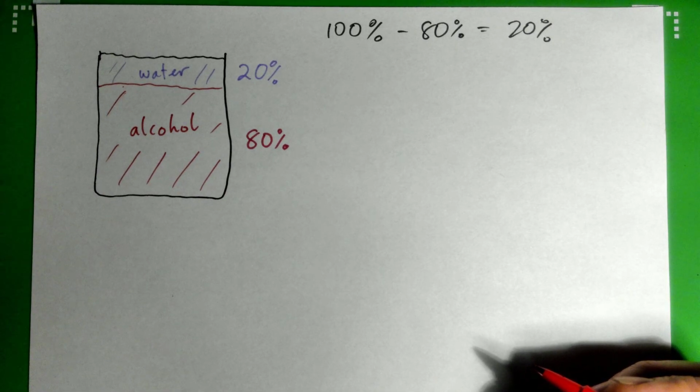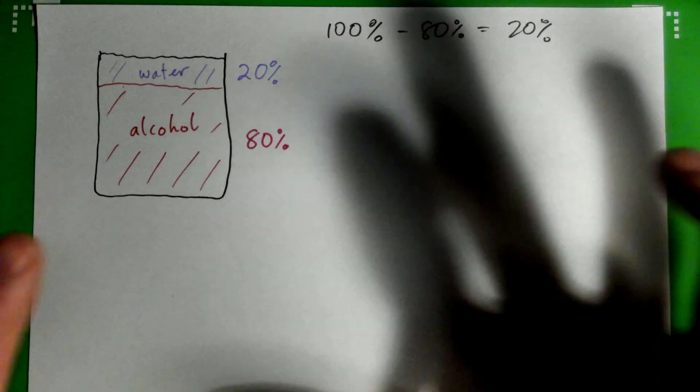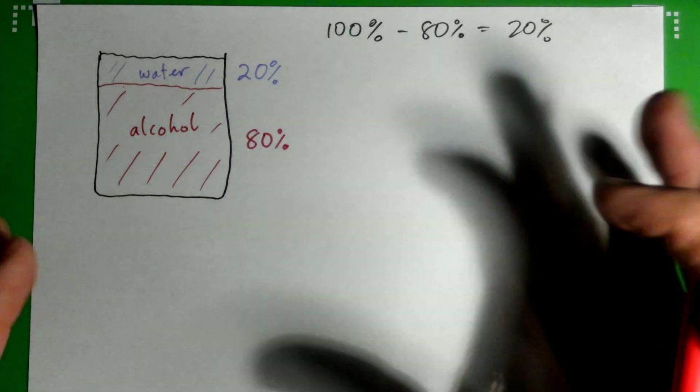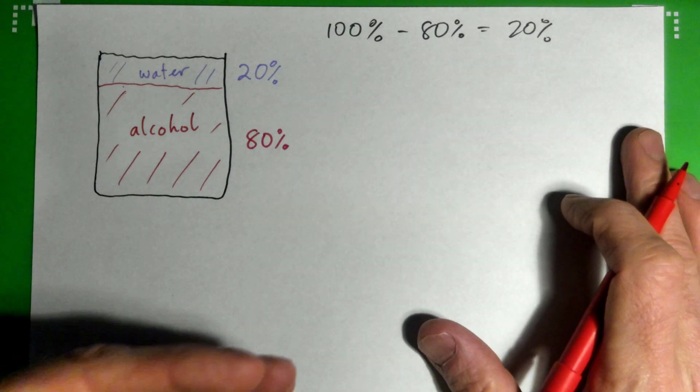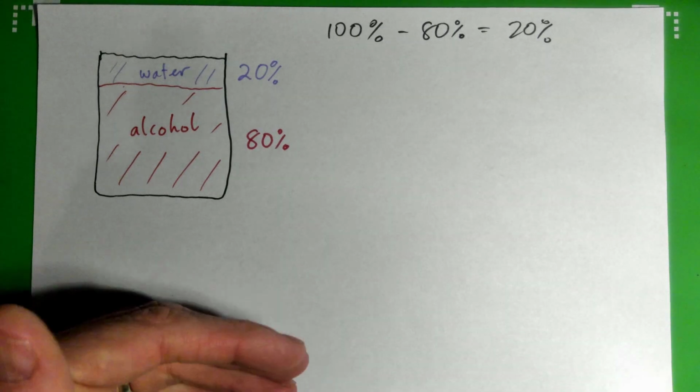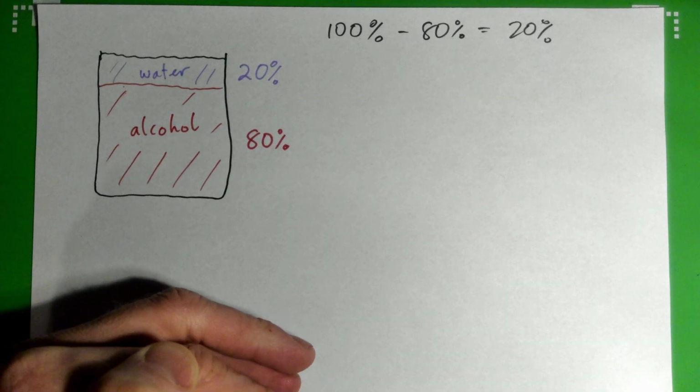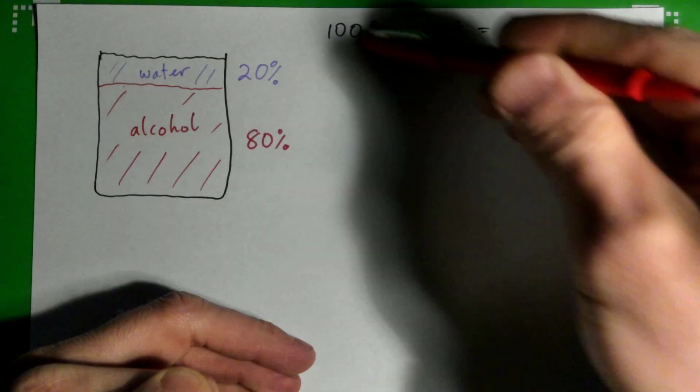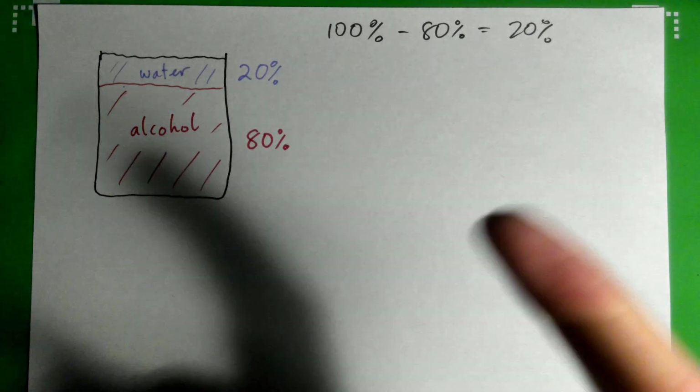Don't tell me what you have to do and how to solve it. I'm just asking, what does that actually mean? The solution is found to contain 32 milliliters of alcohol. What does that mean with our diagram here? Just tell me about that.